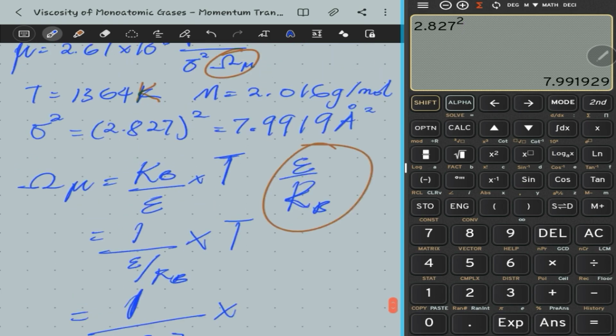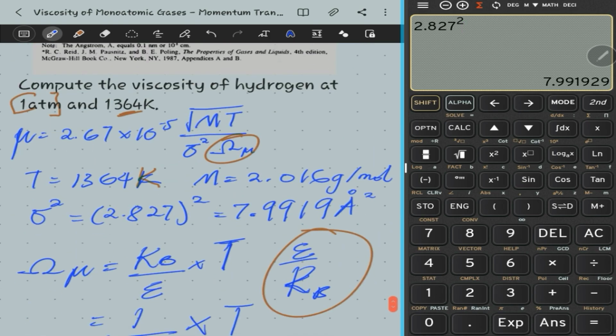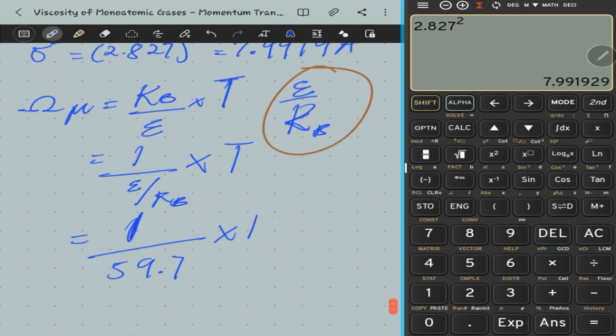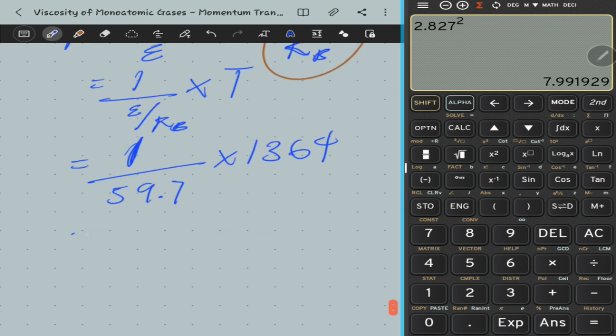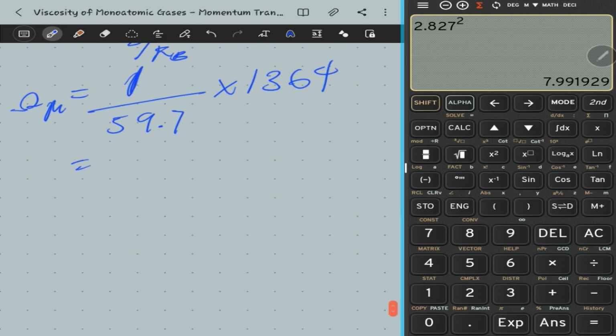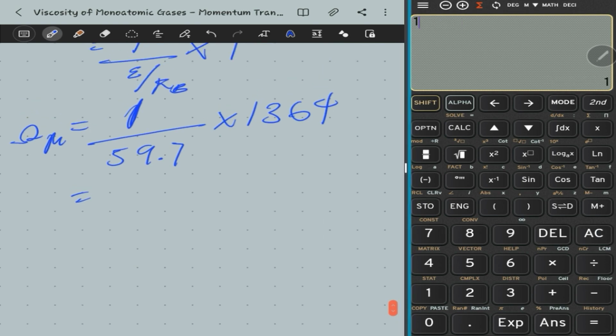And the temperature we have from the problem is 1364, already in Kelvin, so we don't convert. That's what we end up getting for this collision integral. So that's 1 over 59.7 times 1364. Right, so that's what I get.